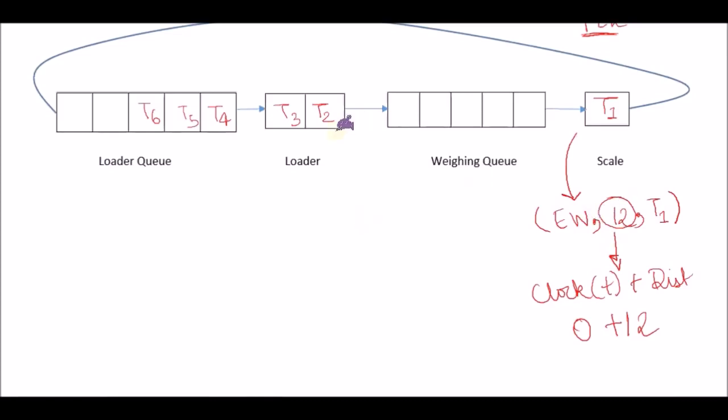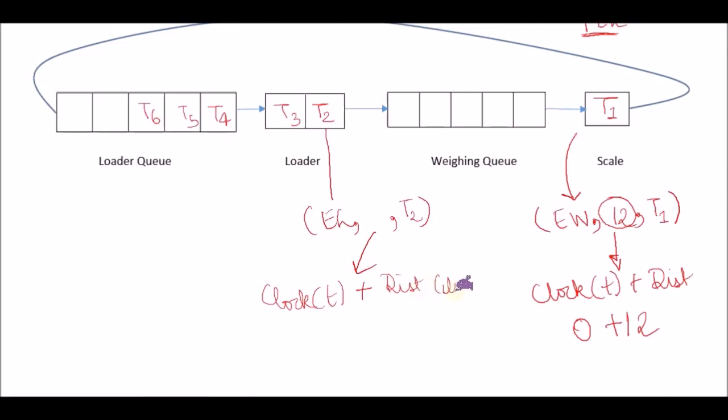Then the next is going to be this truck. So, this truck is going to finish end loading. Because it's in the loader, it's going to finish loading at time instance. How are we going to calculate that? It's the same as this formula. So you have clock of t plus the distribution of the loading, correct?